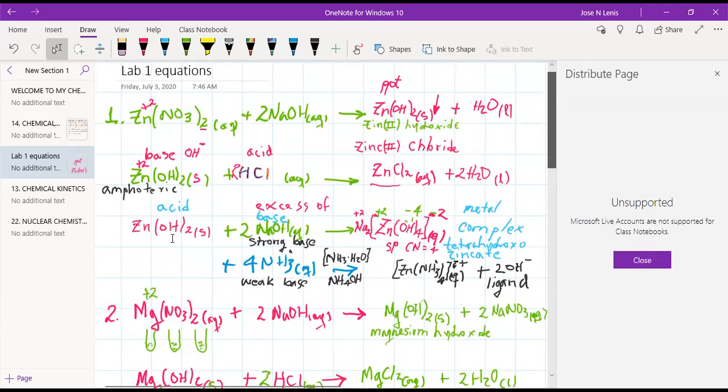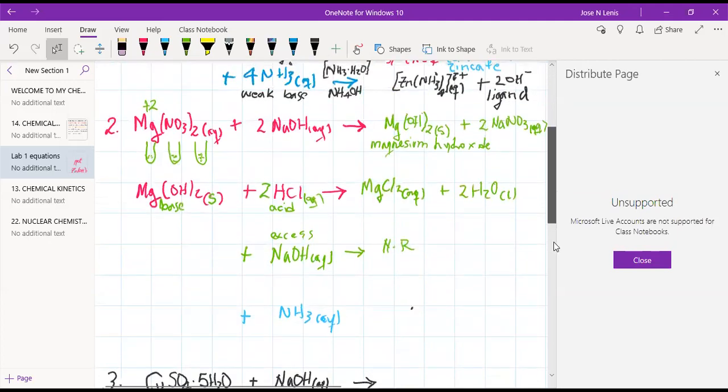Zinc hydroxide, the insoluble hydroxide of zinc 2 hydroxide, actually reacts with an excess of sodium hydroxide. That means it suddenly changed from this behavior, base, to acid to form a complex. That didn't happen to magnesium, no reaction. So there's no formation of complex.